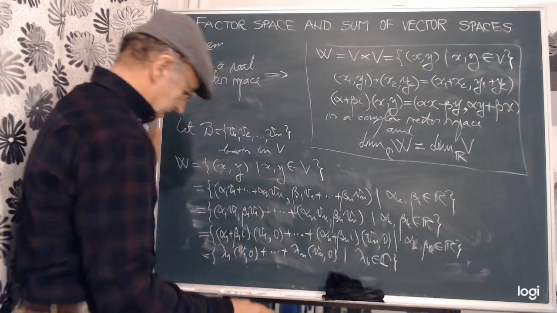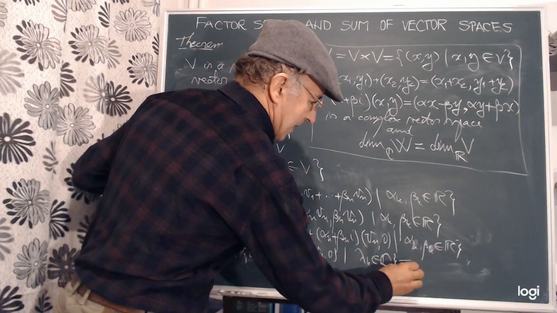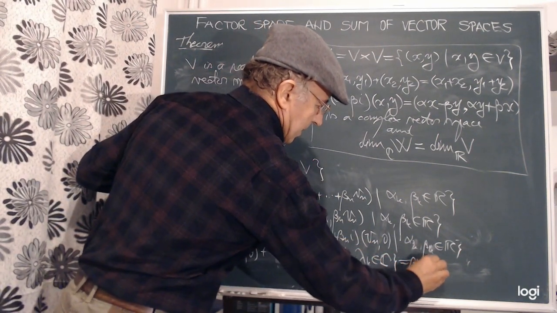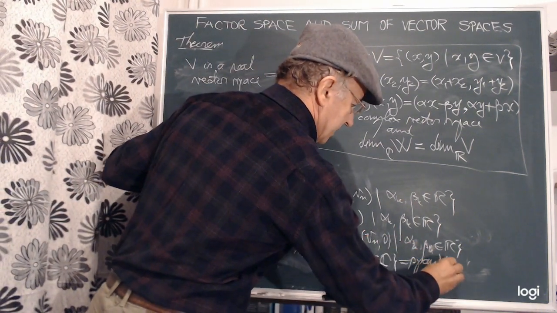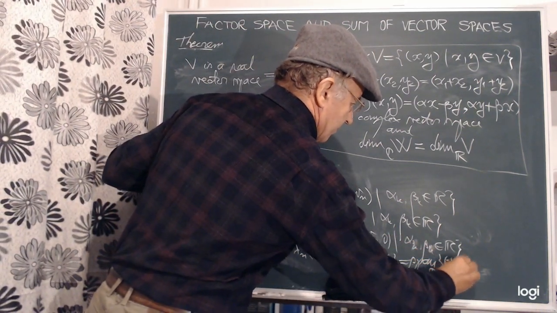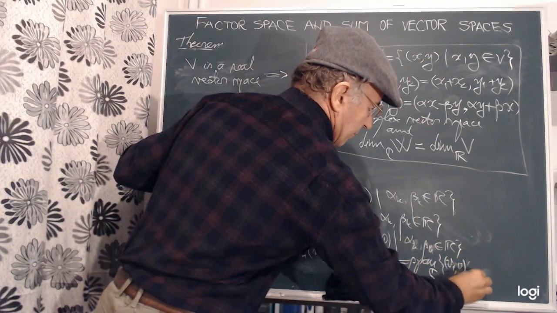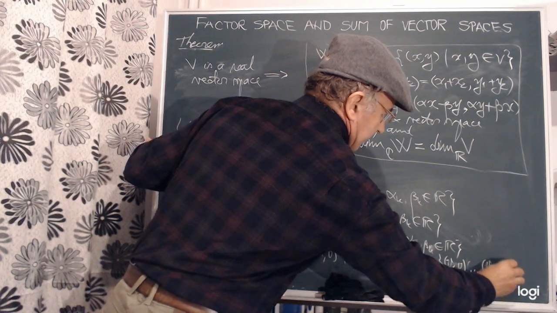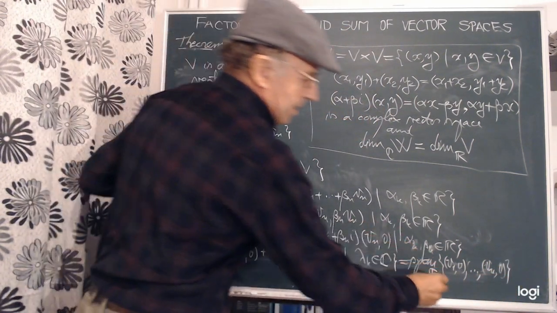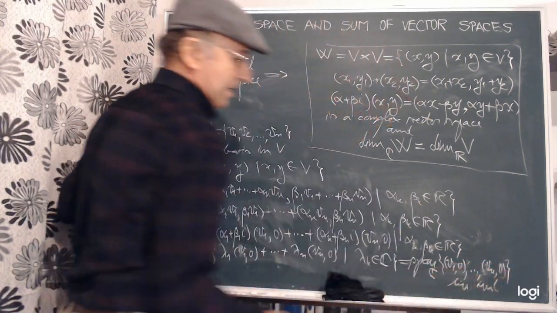So W is the span over C of the set of vectors (v1, 0), which is from W, and up to (vn, 0). These are linearly independent, a linearly independent set.